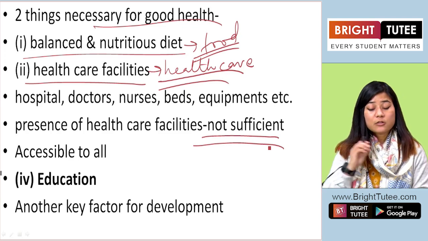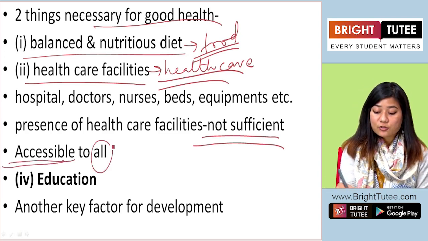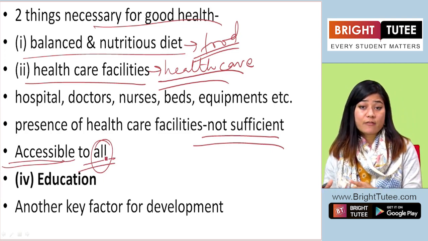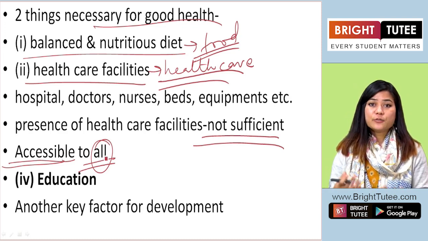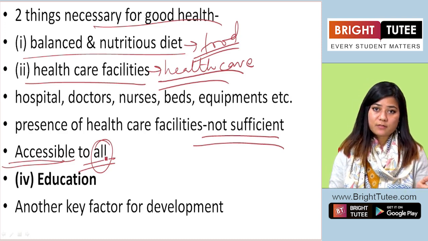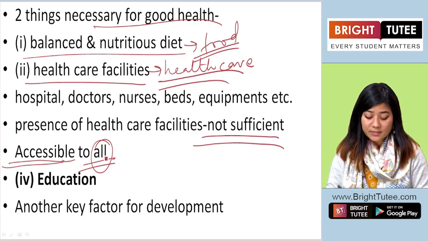Why? Because those healthcare facilities need to be accessible to all. Not to the few, not only to the ones who can afford them and are rich, but accessible to all. Only then can it lead to human development, and that goes on to contribute to the economic development.